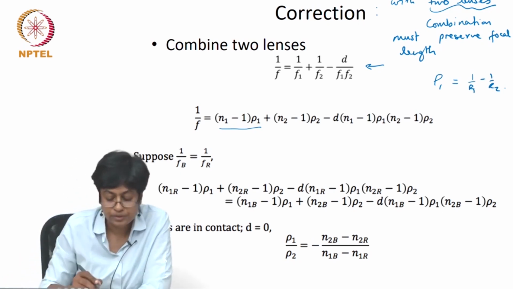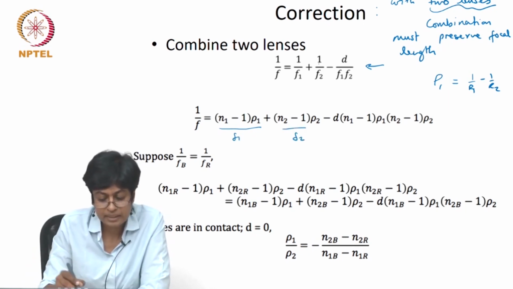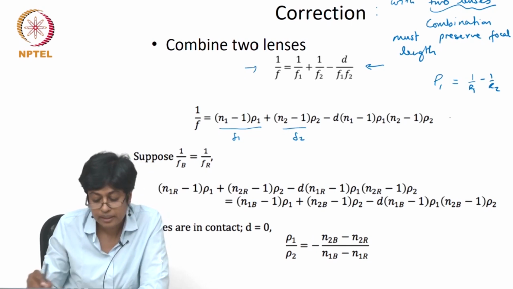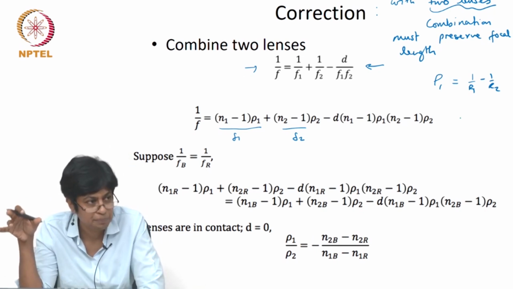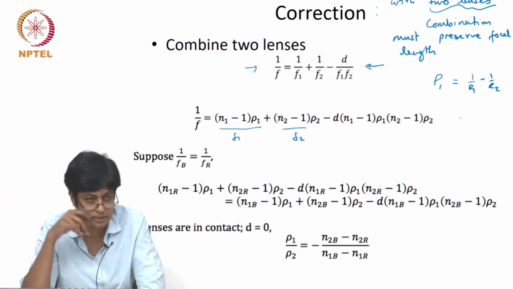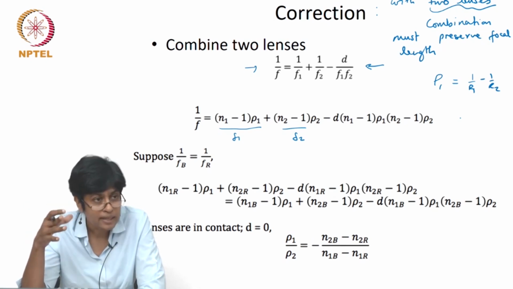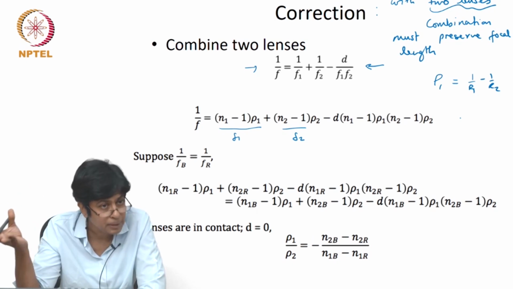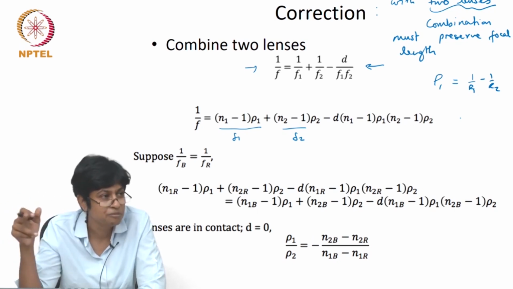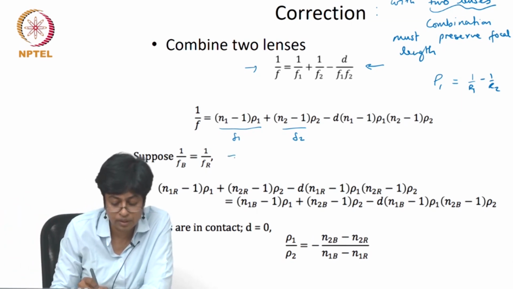So this is nothing but F1, this is nothing but F2, and I've basically rewritten this equation, expanding it in terms of the refractive indices and the shape of those individual lenses. Our goal here is that blue light and red light should focus at the same point. I want this combination to give me the same focal length for two different colors, and that's the condition I'm setting over here.